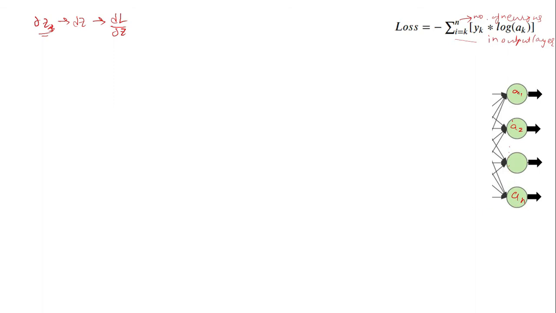And the values of these neurons can be given by this equation, where we are just passing the different z's to the softmax activation function. Now this dL by dz can be split into dL by dA and then dA by dz.